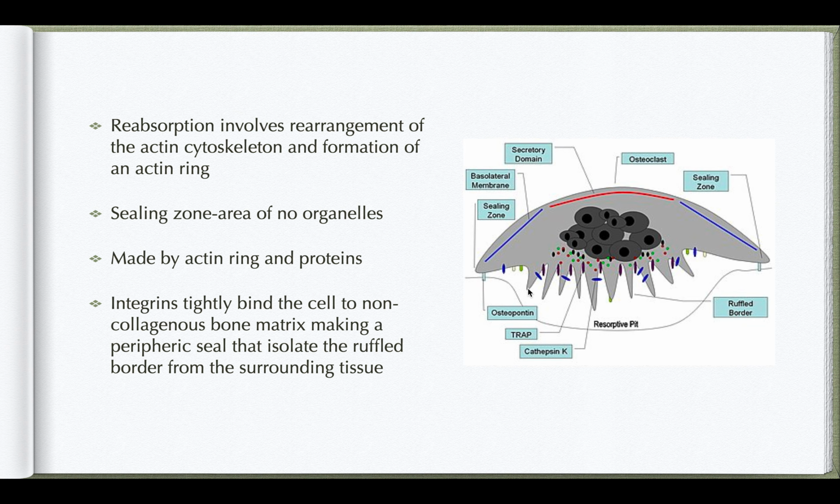Integrins will tightly bind the cell to the non-collagenous bone matrix, making a peripheral seal that isolates the ruffled border from the surrounding tissue. Why? Because the ruffled border is going to secrete a bunch of enzymes that will degrade the bone. So the secretory domain is up here. This is the basolateral membrane, the sealing zone is right here, along with the actin rings and the integrins.